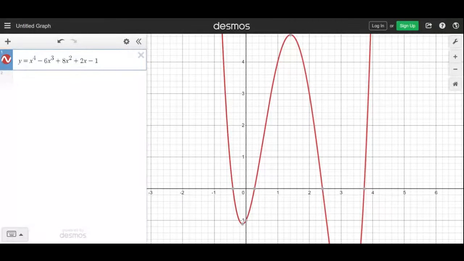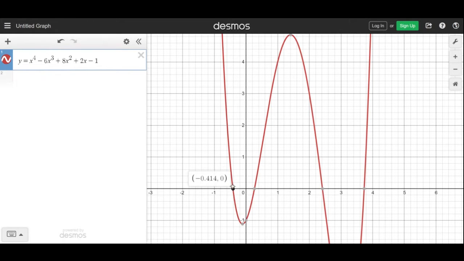Okay, as you can see in the graph, the same function that we're trying to plot here is x power of 4 minus 6x cubed plus 8x squared plus 2x minus 1. And looking at that one, the x-intercepts are the intersection points between the red curve here and the x-axis.